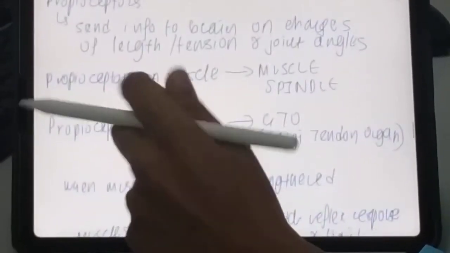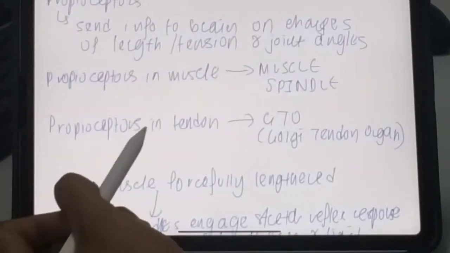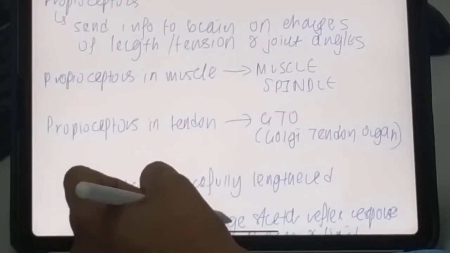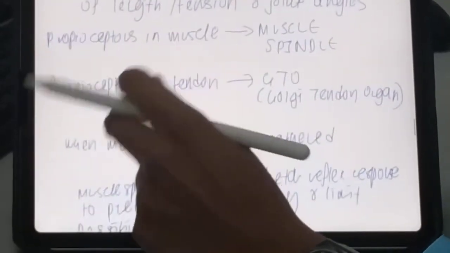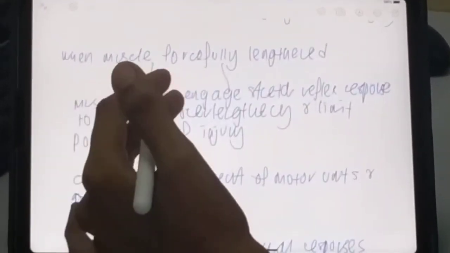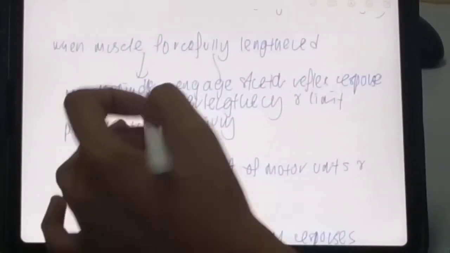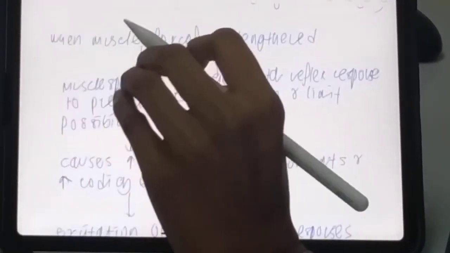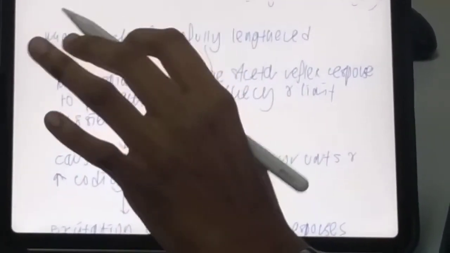The proprioceptor in tendon is the GTO. There's a mechanism here: when muscles forcefully lengthen, the muscle spindle will engage a stretch reflex response to prevent over-lengthening and limit the possibility of injury.